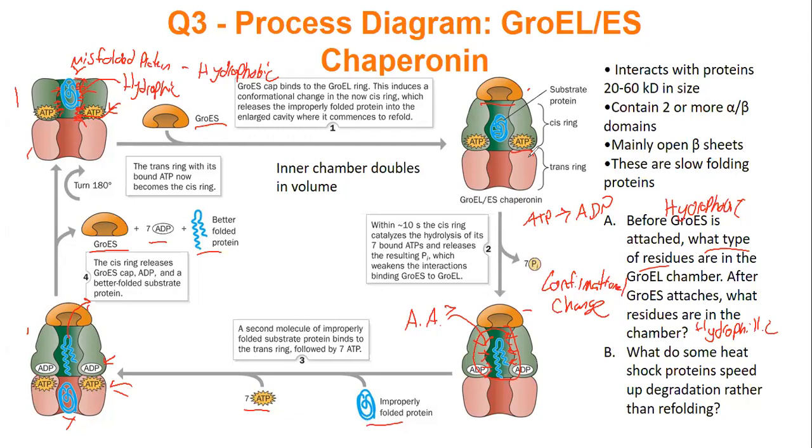Most chaperones do want to establish a protein conformation. I'm saying these don't. What happens, and I've said this a couple times in this class, if you have a large amount of misfolded proteins? What is water going to do to those misfolded proteins?